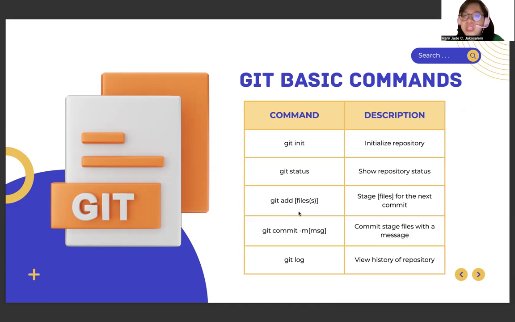Then we have git commit -m message, meaning we are now committing staged files with a message. Later I will discuss the difference between saving and committing. Committing is somehow like saving. We are committing a specific version of our source code, hence git commit. And git log will enable us to view the history of the repository, what changes were made, what happened, and so on.